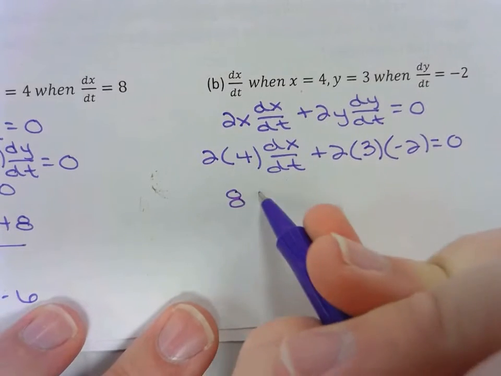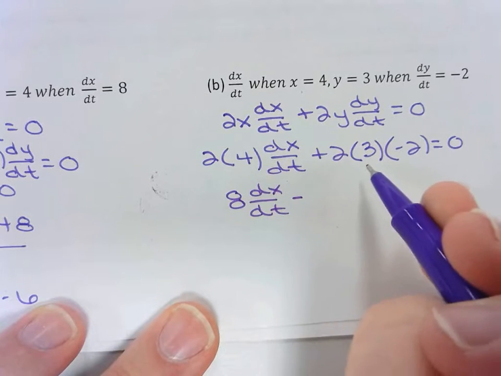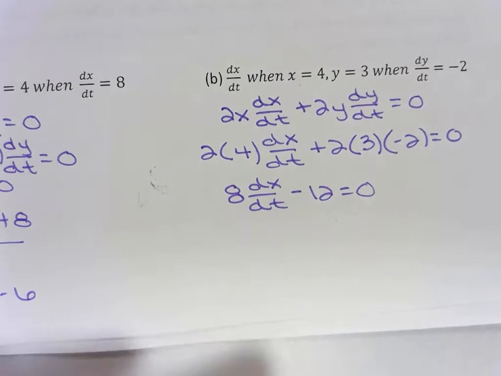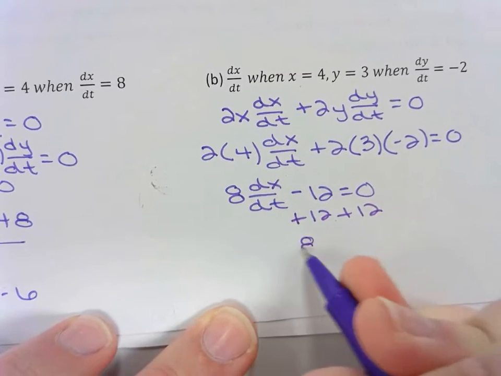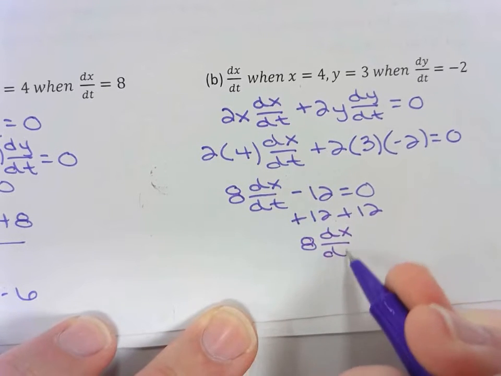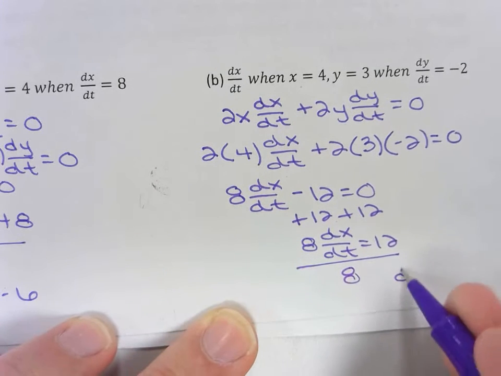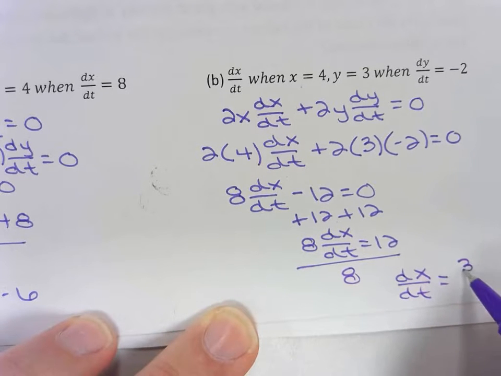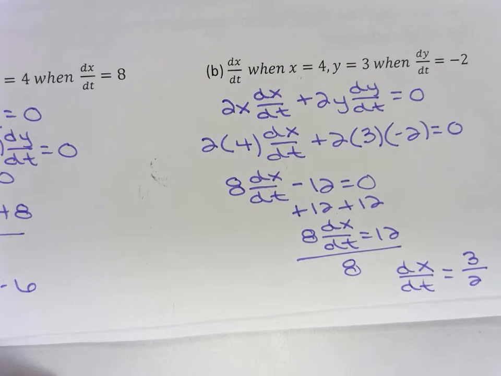So 8 dx dt minus 2 times 3, 6, 12 equals 0. Keep solving for dx dt, add 12 to both sides. 8 dx dt equals 12. Divide by 8. So dx dt equals 3 halves. Not too complicated, just taking the derivative like we did last week and then plugging in the information they give you.